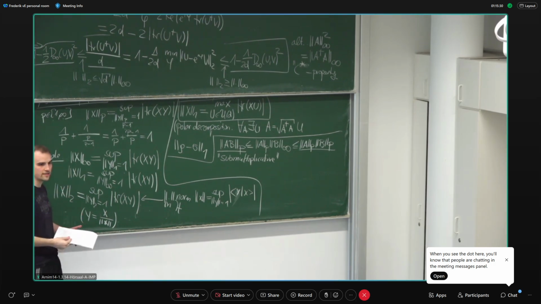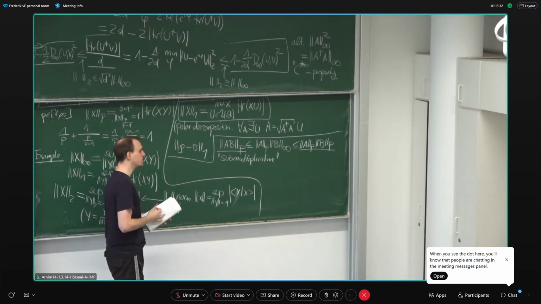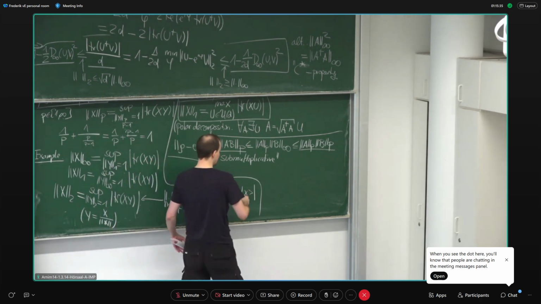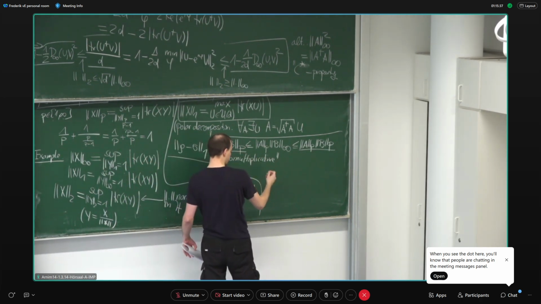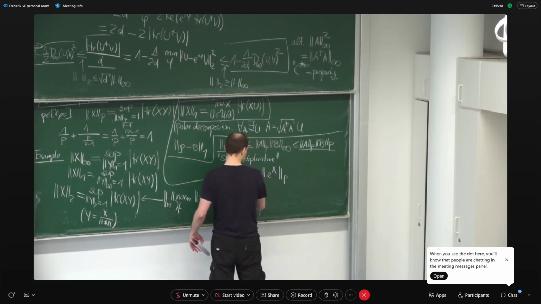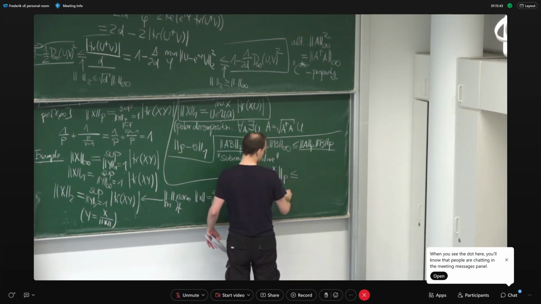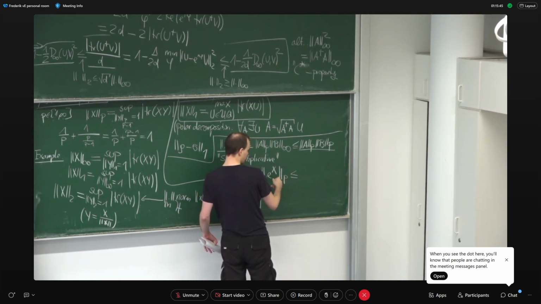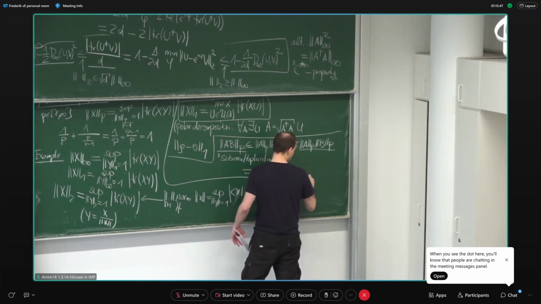One thing where this is immediately useful is that you can bound exponentials like that. All norms that are submultiplicative satisfy that you can upper bound this by taking the norm of the exponent here.